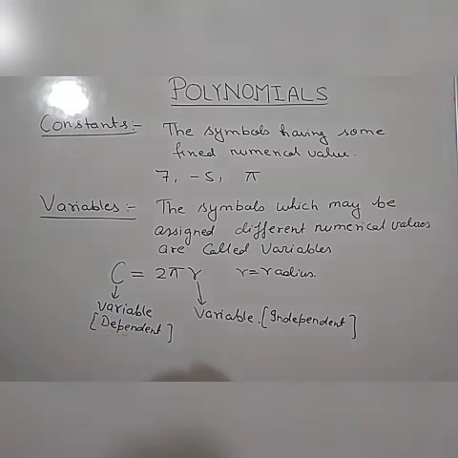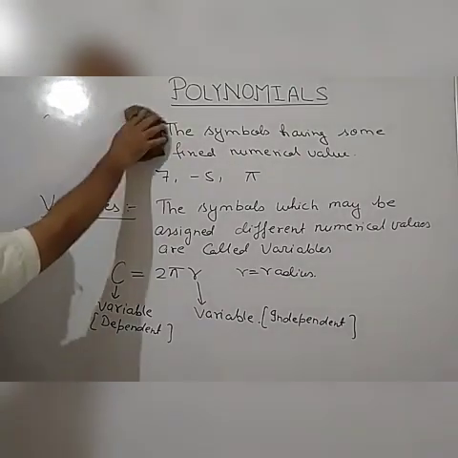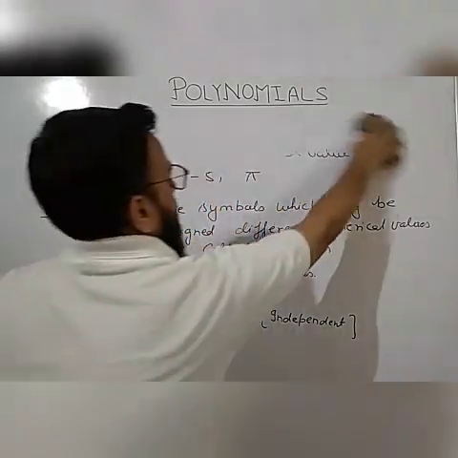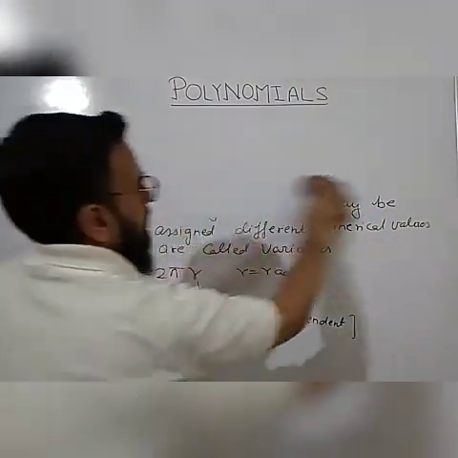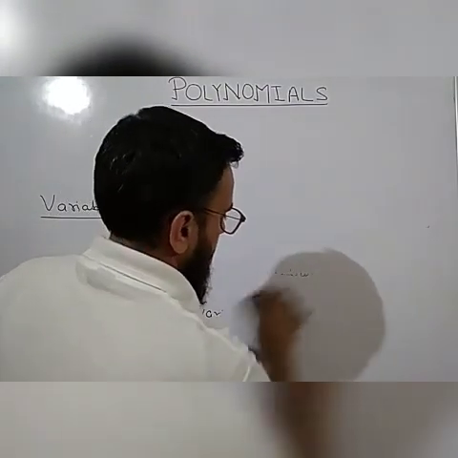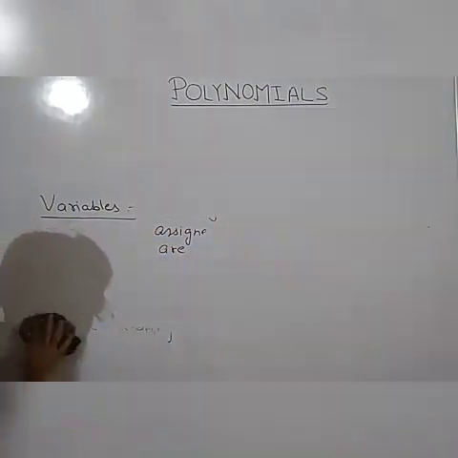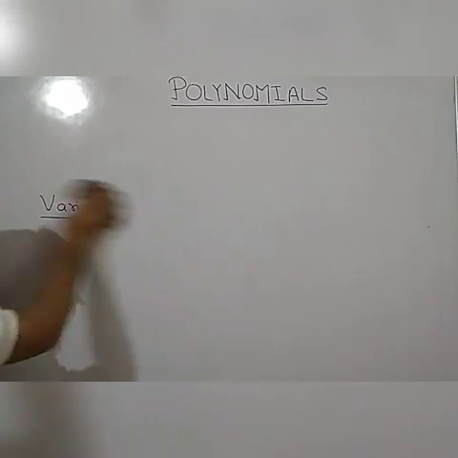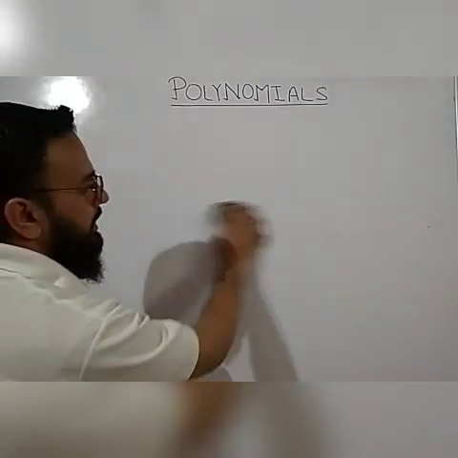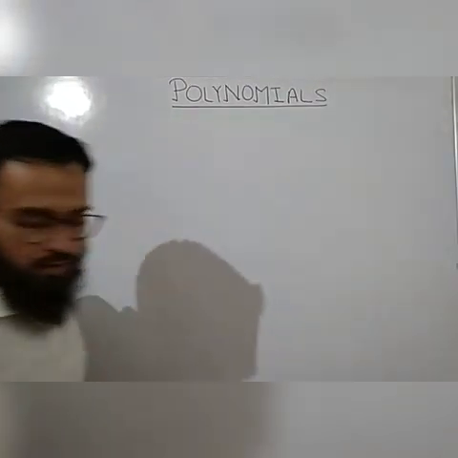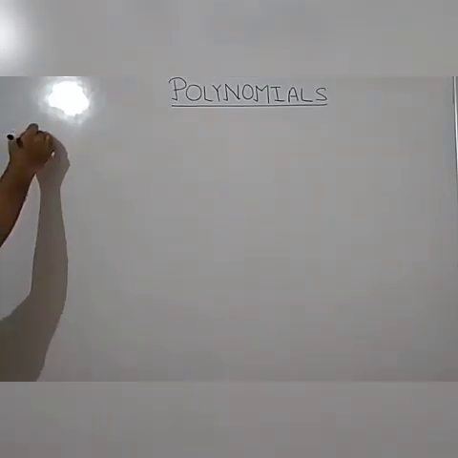Now the third term is algebraic expression. What is an algebraic expression? You have studied algebraic expressions, different types of algebraic expressions and their identities in class 8th. So what is the definition of algebraic expression?